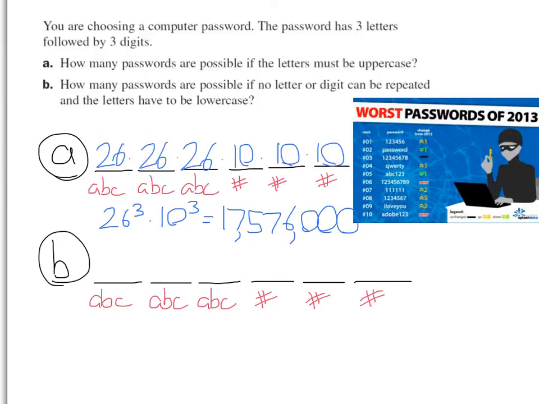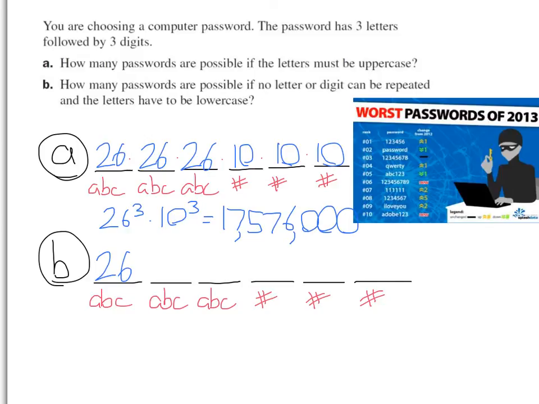So let's think about this logically once again. For my first letter, the start of the password, I can choose any of the 26 letters because I have not chosen one yet, and so I cannot have any repetition just yet. But now once I get to my second letter, I have already chosen one letter from the alphabet. Let's say I chose the letter Q as my first letter in my password.